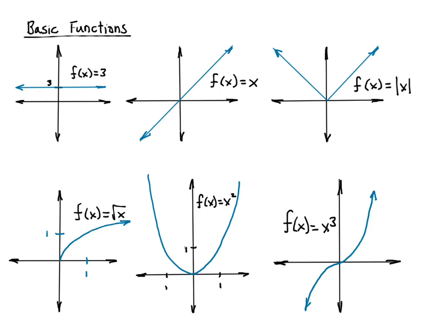And then the last one would be f of x equals x cubed. This one starts in the lower left and goes to the upper right, and it's kind of curved like a parabola. It's curved a little bit more broadly, but these two functions are useful to remember because this one only yields even numbers, and this one can yield odd numbers when x is odd.